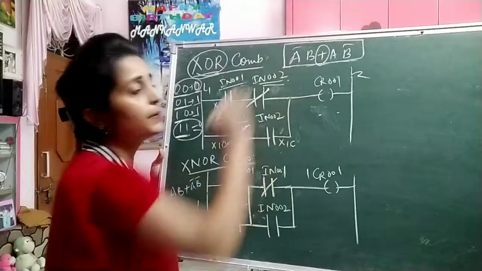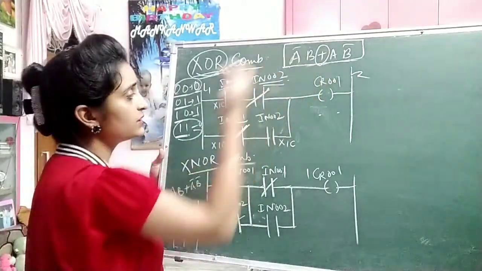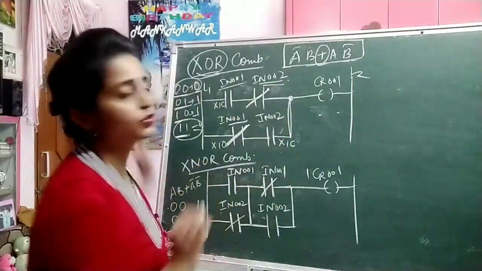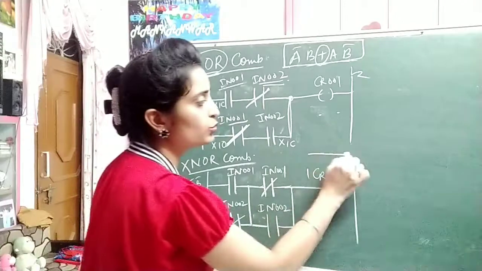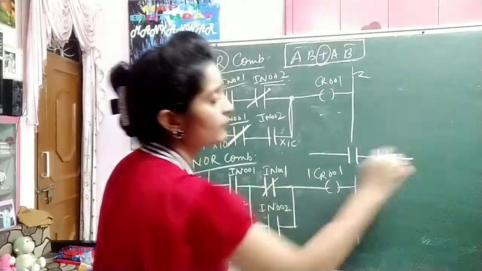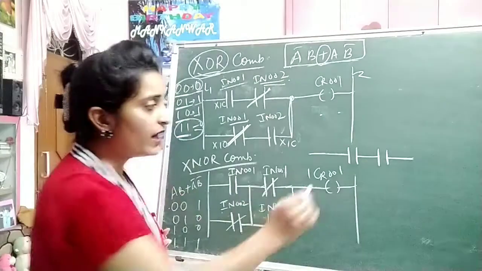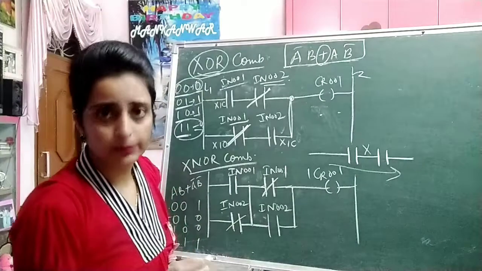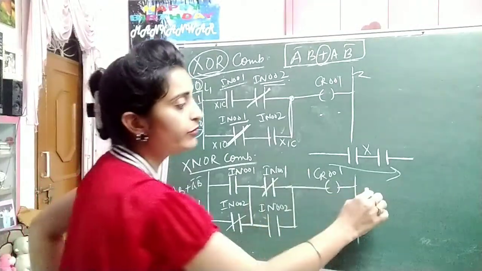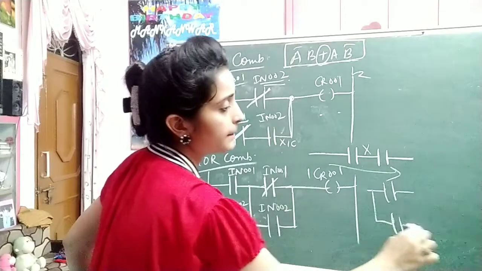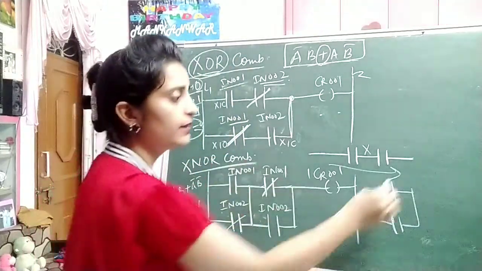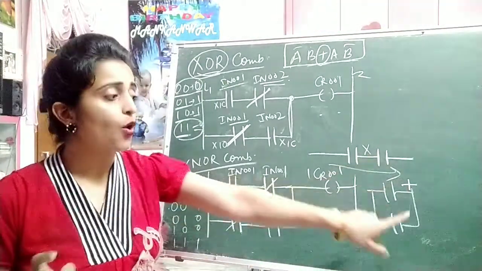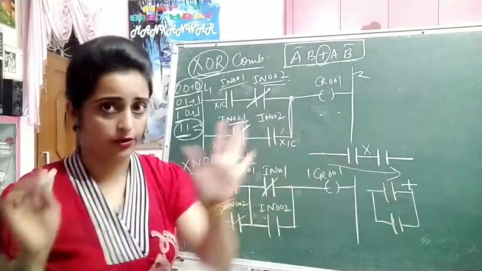The plus sign in between is indicated by these two rungs connected at this point. When we use two symbols in one sequence, in one line, they show multiplication, the AND. And when we use them in parallel like this, they give us the symbol of addition, the OR. It's clear.